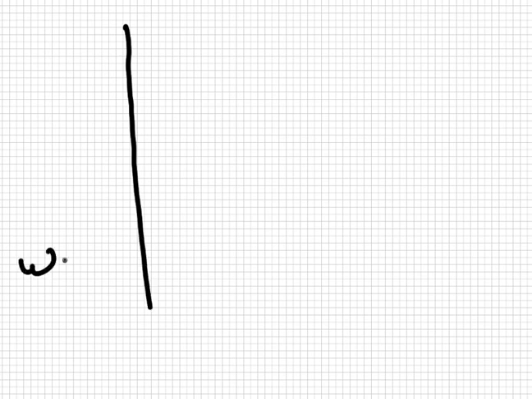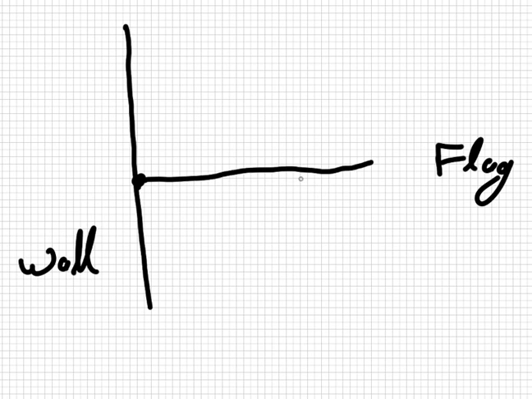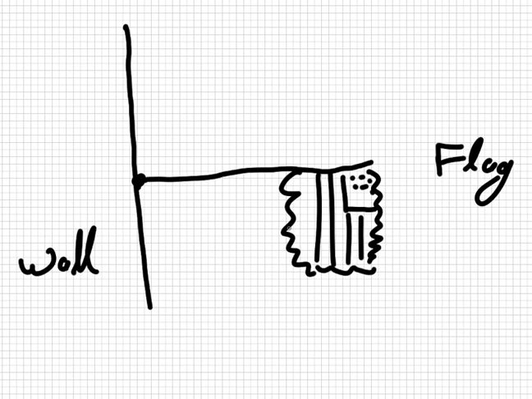So you have a wall here, and you have a flag pole here. We'll make it American. So you got your flagpole here, and you have your rope, your string here.